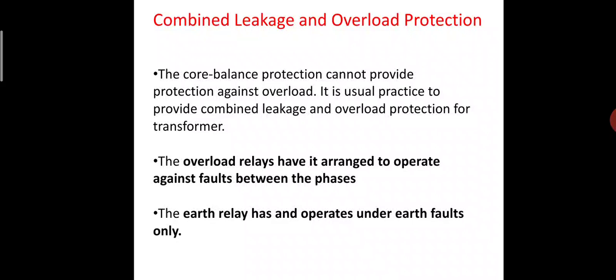The core combined leakage and overload protection. The core balance protection cannot provide protection against overload. It is usual practice to provide combined leakage and overload protection for the transformer.